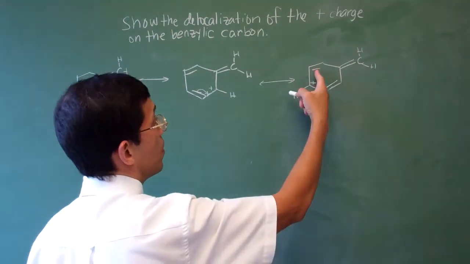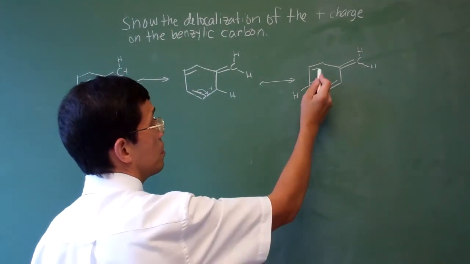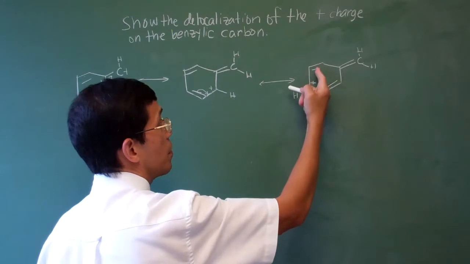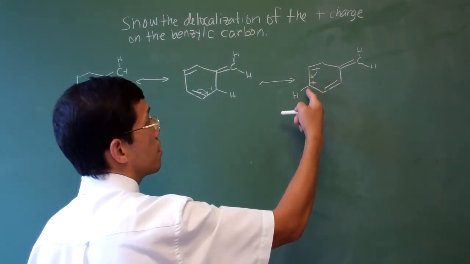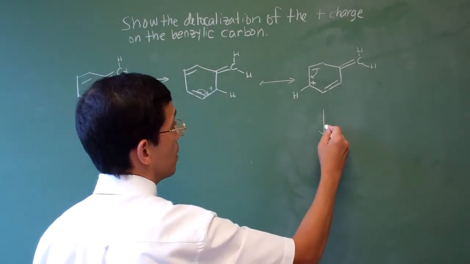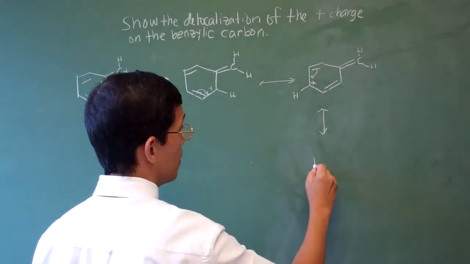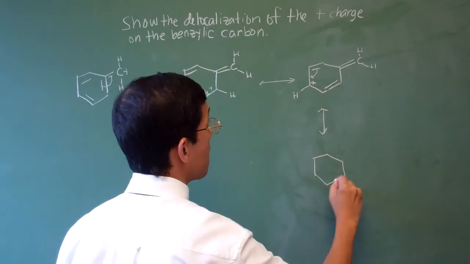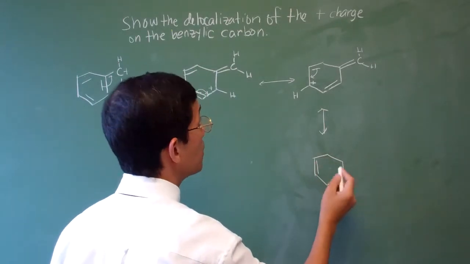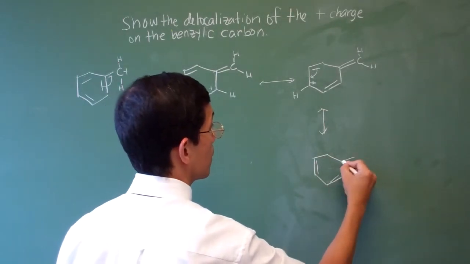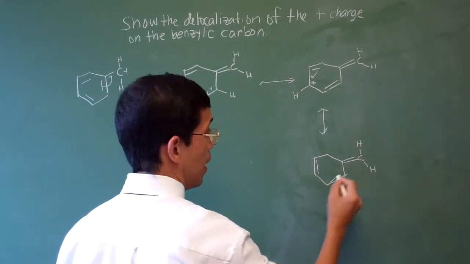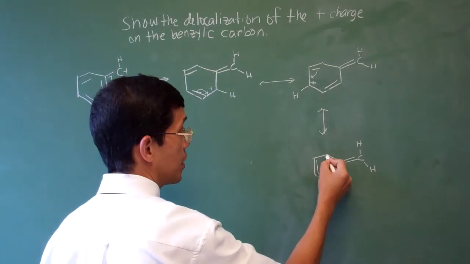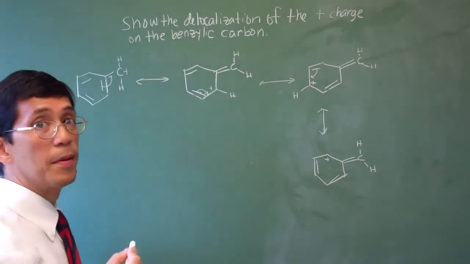Next, so that bond there could help out in stabilizing the plus charge, so it would move from that position to between this carbon and this carbon, so another resonance form would be H, H, and so now the plus charge is at that carbon.